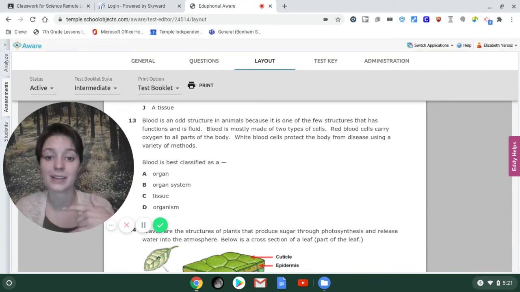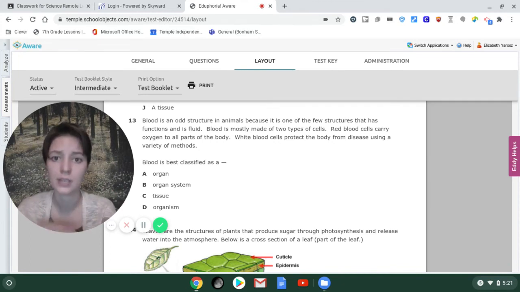Blood is classified as... now if you use that image that I included, or you used your notes from when we talked about types of cells in the first cell theory notes that y'all took in your notebook or on a scratch piece of paper or Google Doc, we know that the first, most basic level of organization is a cell.